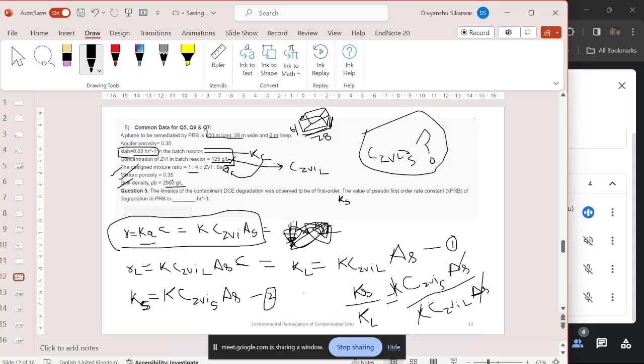The mixture of ZVI and sand porosity is also given, 0.35, and the bulk density of the soil is also given. The question is asking: kinetics of the contaminant degradation were observed to be first order. The value of pseudo first order rate constant K PRB of degradation in PRB is?